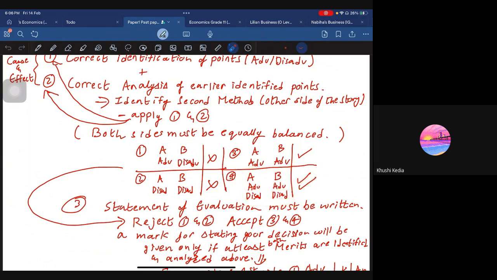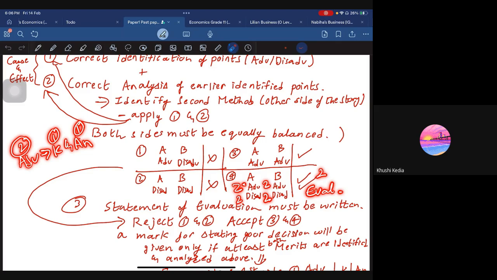Okay, now it seems like you will say, okay sir, for one single advantage we have two things, the knowledge and analysis. So we get 1 mark here and 1 mark here, so 2 marks for one single advantage. So two here, two here, two here, two here, and then we are moving to evaluation, two here. So we have completed an answer of 10 marks.